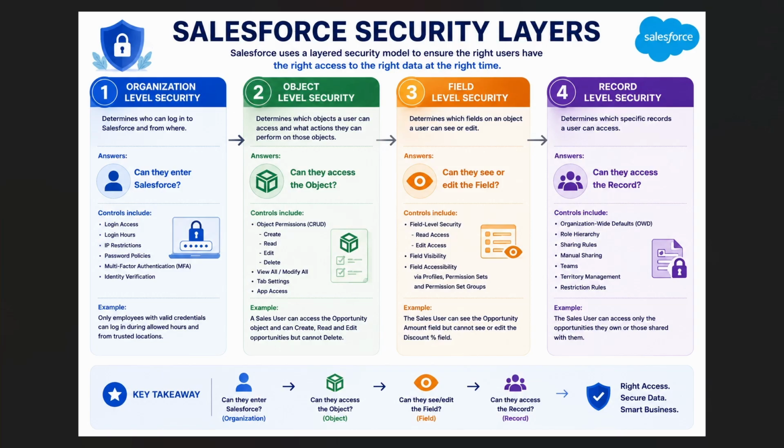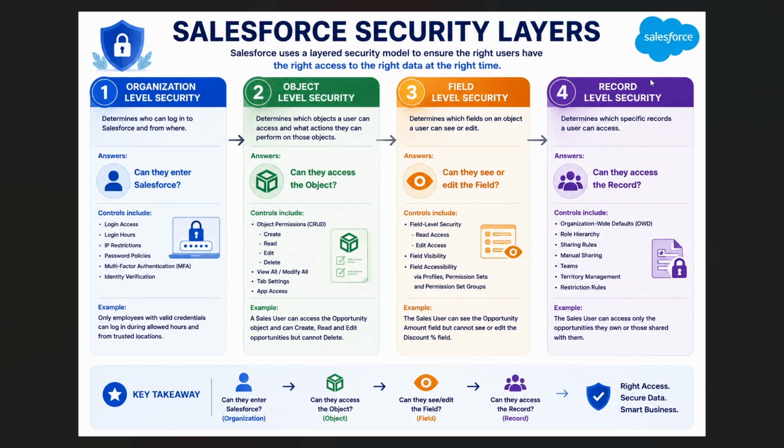We might want HR users to see salary, bank account, and performance rating, but a sales manager might only see employee name, department, and email, and not salary. So field level security allows us to control access to individual fields even when the user has access to the object. Therefore, for field level security, we can say which fields this user can see or edit. And this is why object level security and field level security are not the same.